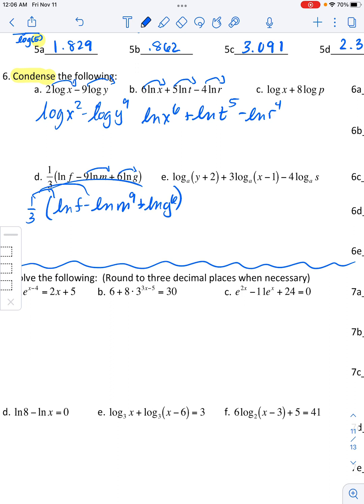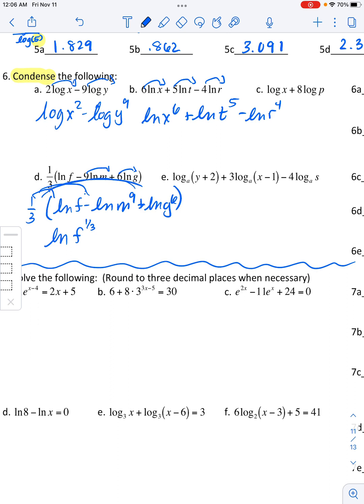So if my next move was 1/3 ln f, I'd have to move it up. Minus 1/3 ln m to the 9, I'd have to move it up. So let's just go straight to putting it up into the power. So this 1/3 would scoot up into the power of f, and I'd have ln f to the 1/3.